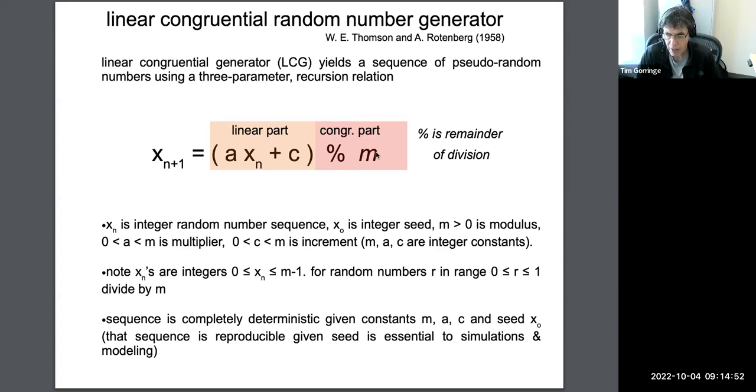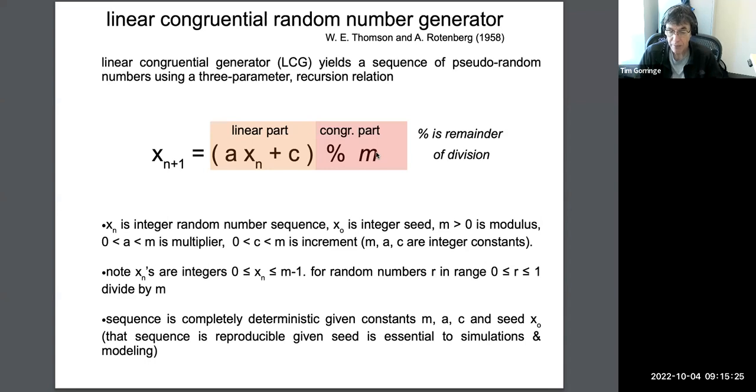A couple of other points about the equation. The possible range of random numbers is determined by m. So we take the remainder after division by the integer m, and the remainder can run from 0, the smallest remainder, to m less 1, the largest remainder.